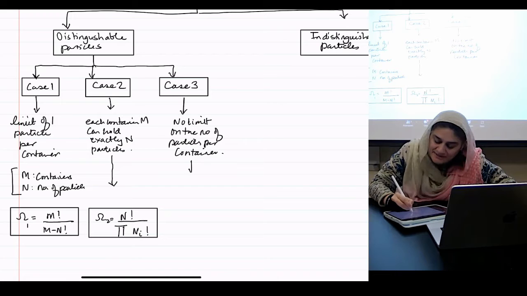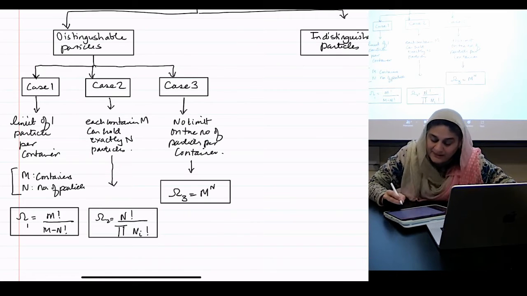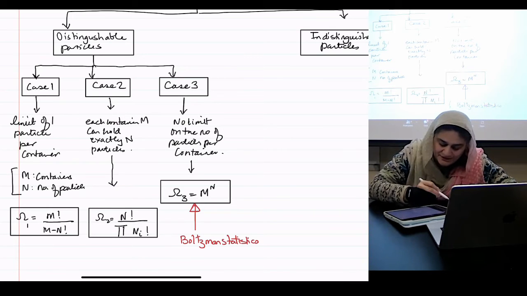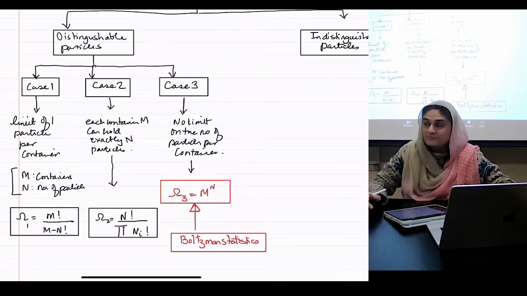In this case, my multiplicity will be given by m to the power n, and this is called Boltzmann statistics. I would put this in a box, and I would change the color of this to red. That's important.